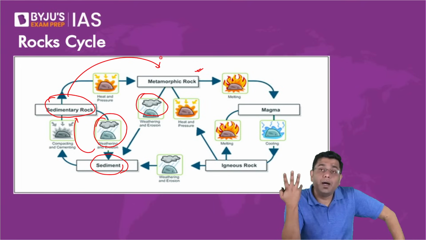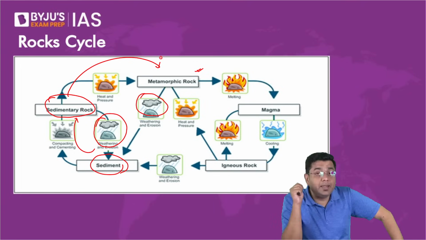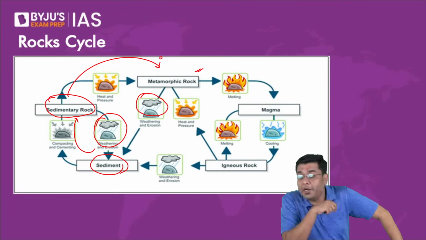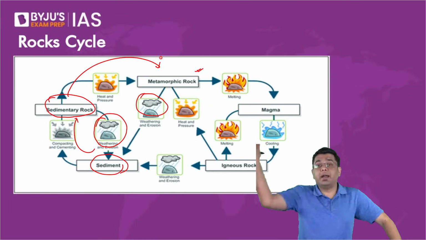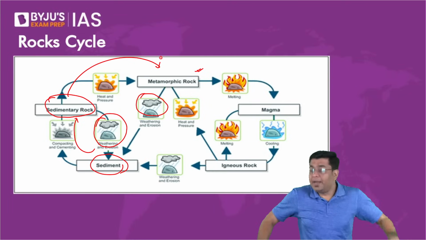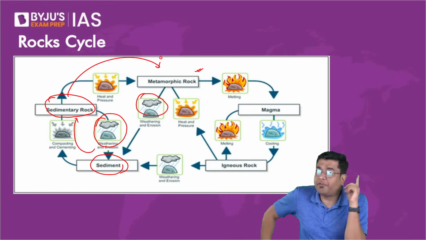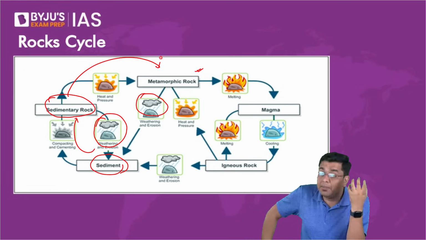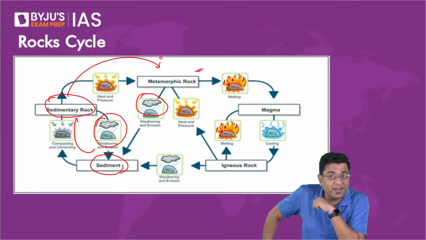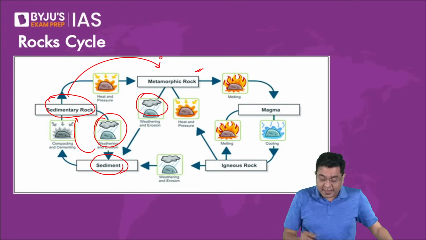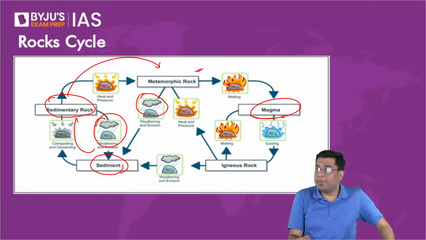So that magma can cool down in the interior itself, forming an intrusive igneous rock, or it can come out as lava, right? So molten materials, by the way, when they are present in the interior, are referred to as magma. And when the same molten materials come and emerge on the surface, they are referred to as lava. So that metamorphic rock can get converted into magma due to melting.